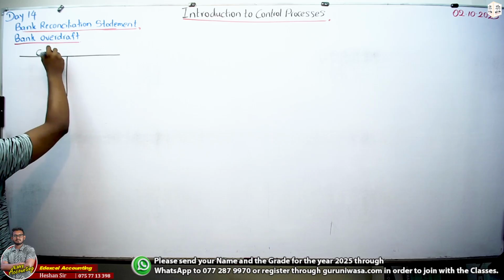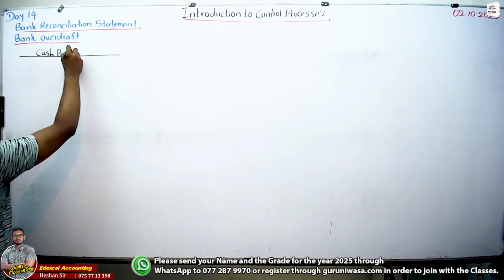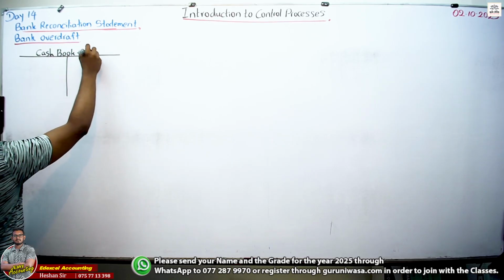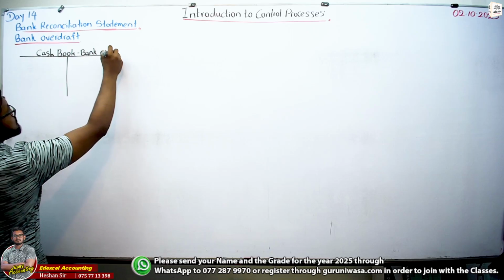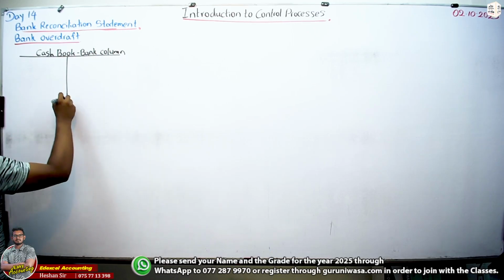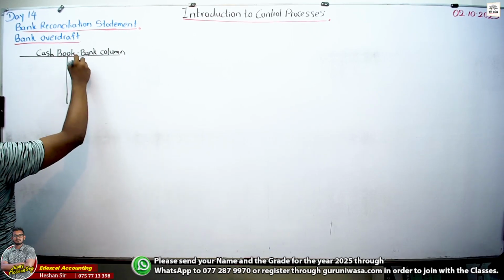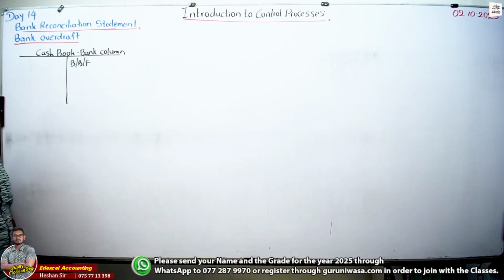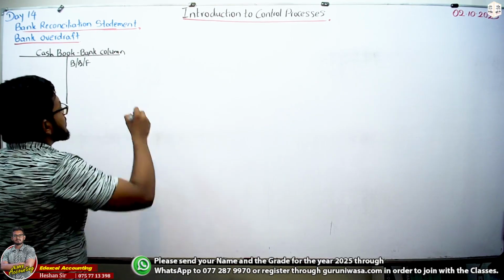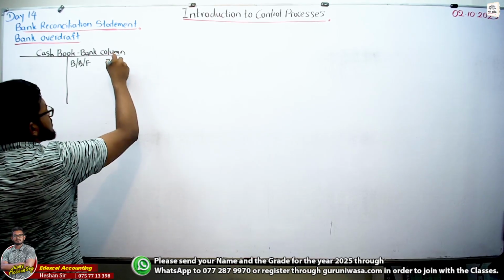Now see, initially I'll take the cash book, bank column. The balance brought forward initially comes from the credit, 709, right? 700.